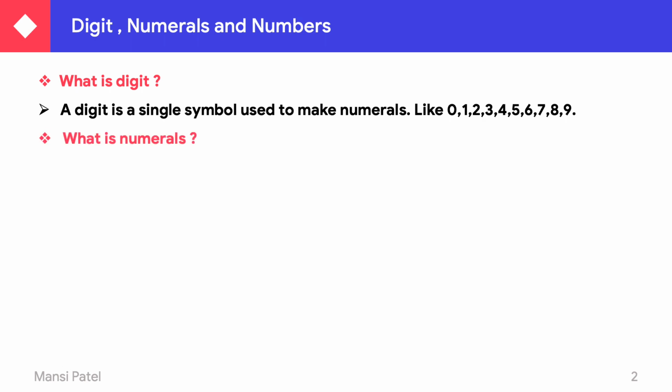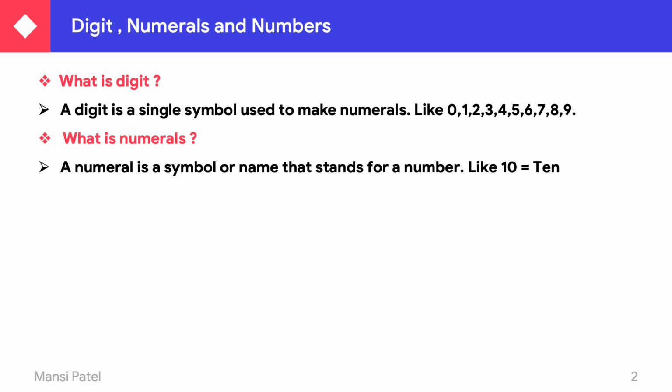Now what is numerals? A numeral is a symbol or a name that stands for a number. See here, if we write down 1 and 0 separately, then it is considered as digit. But if we write down this 1 and 0 together, then it is known as numerals.